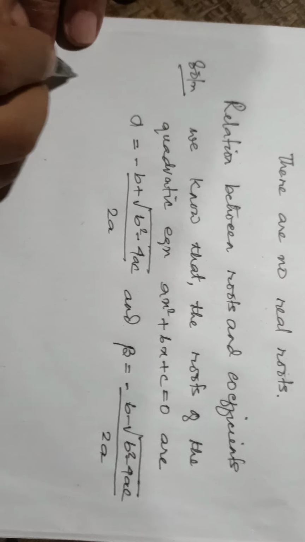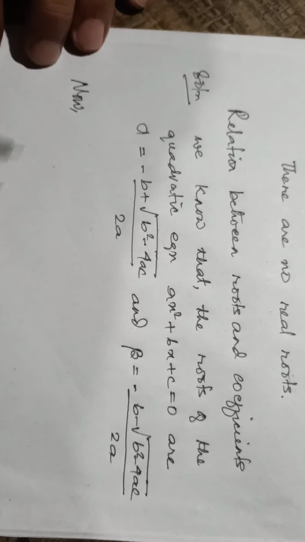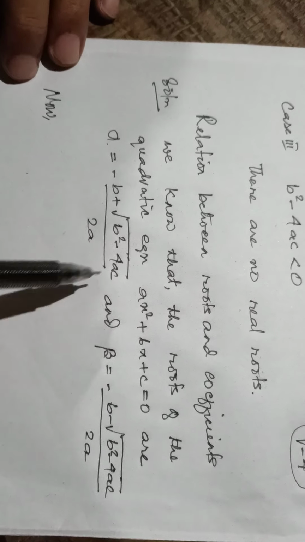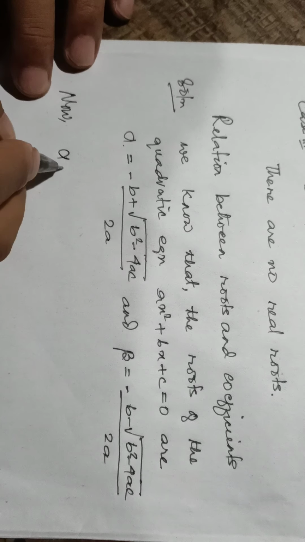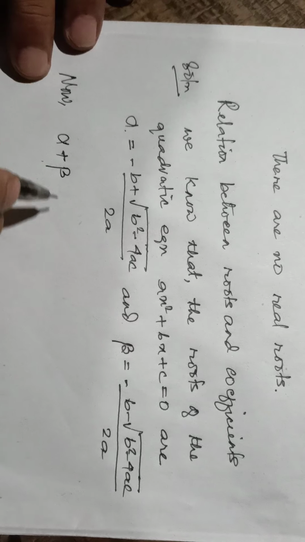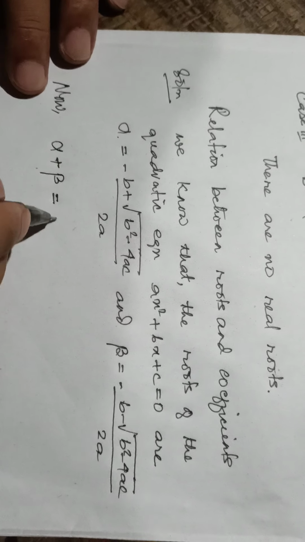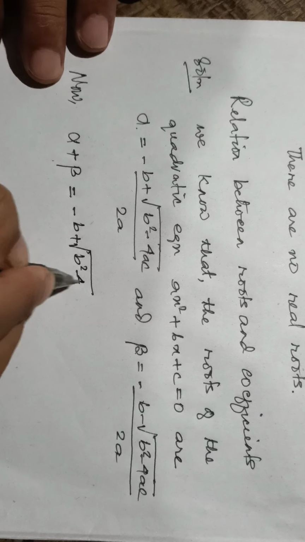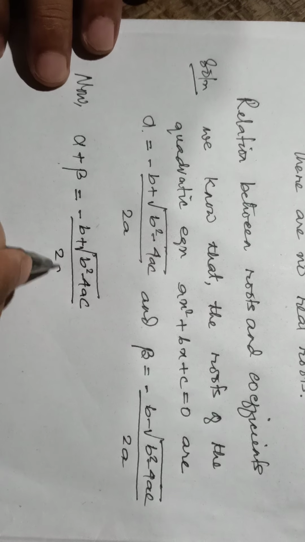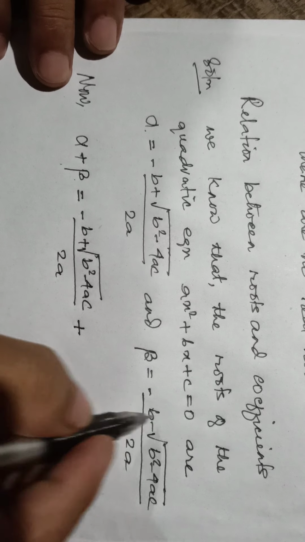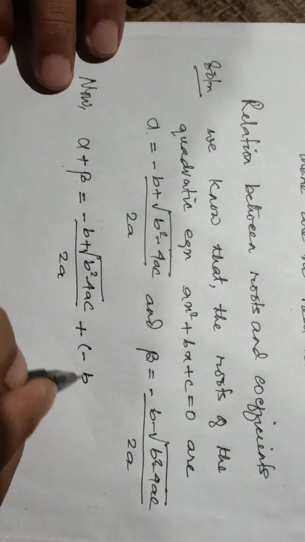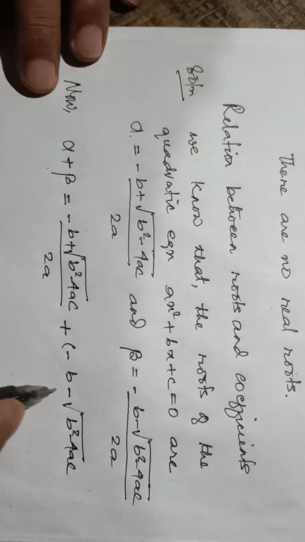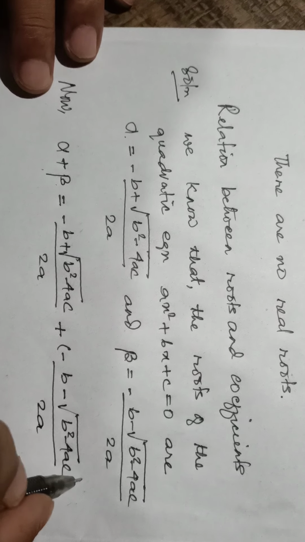Now we'll find the sum of the roots and the product of the roots. That means for the sum of the roots we are going to add these two roots, and for the product of the roots we'll multiply these two roots. Now alpha plus beta: add these two values, (−b + √(b² − 4ac)) / 2a plus (−b − √(b² − 4ac)) / 2a.